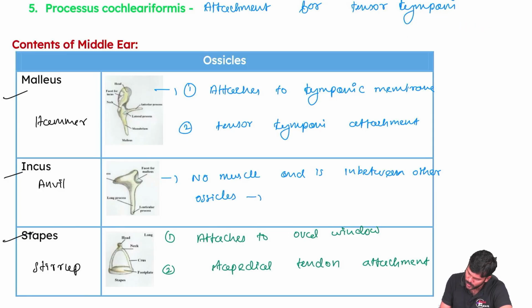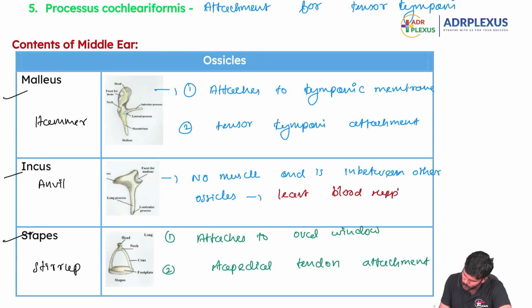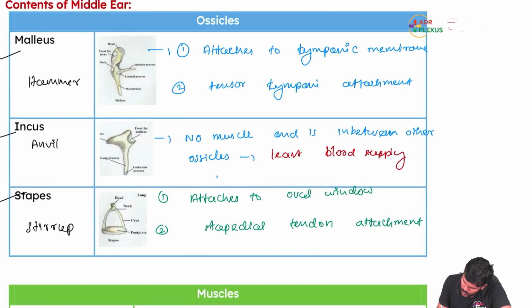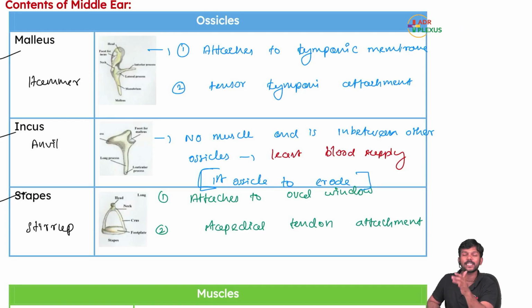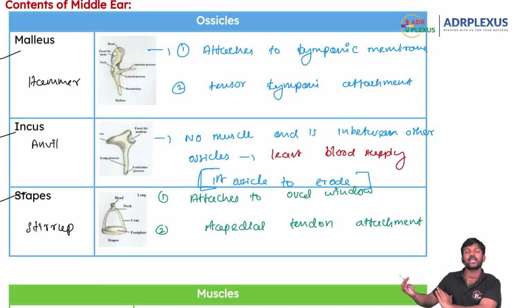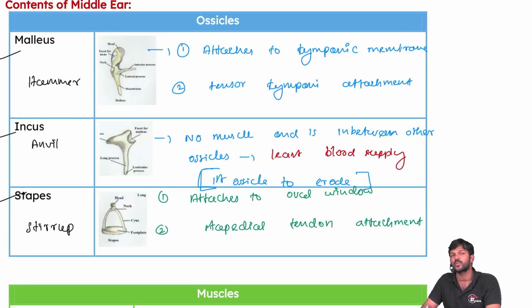So it has the least blood supply. During disease like cholesteatoma, this is the first ossicle to erode. If they ask you which is the first ossicle to go for erosion during cholesteatoma or any infective pathology of the ear, the first ossicle is the incus because it has feeble blood supply, because it has no muscle attachment, and also it is not attached with any adjacent structure. So that's the reason it has the least blood supply, so it is more prone to erosion.